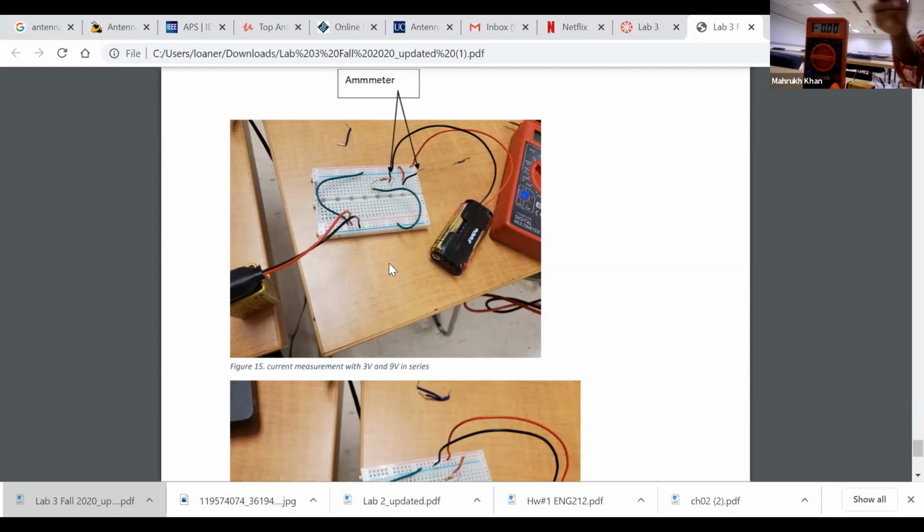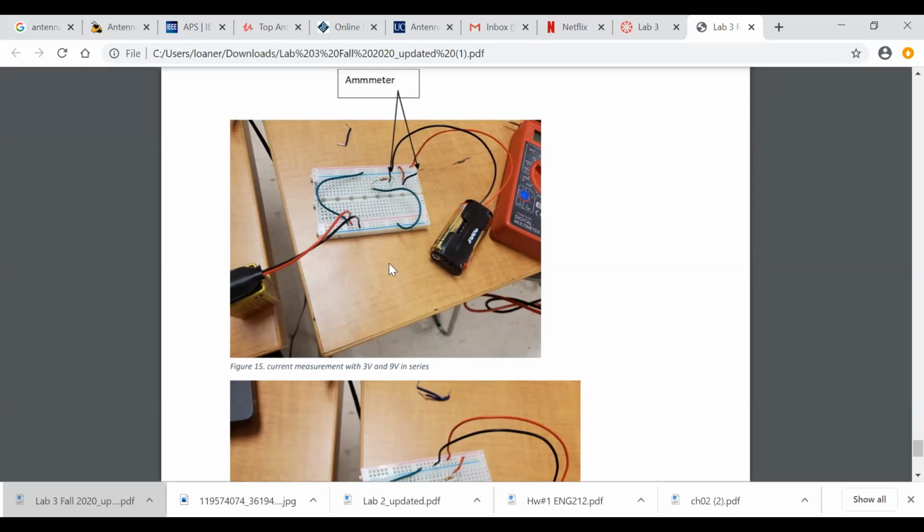Okay, so let me show you that this circuit is in the current way now. I was connected to the leads. Wait, can you show us the circuit one more time, with the battery? It doesn't matter with or without.